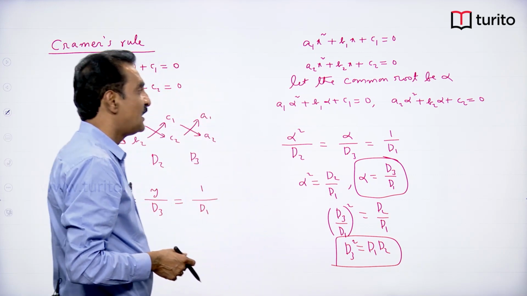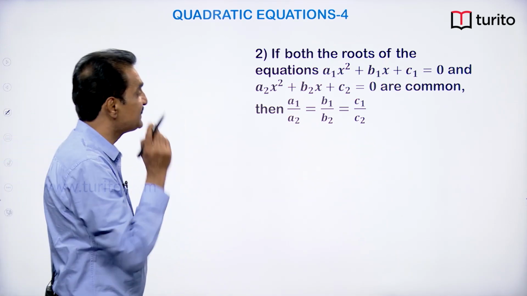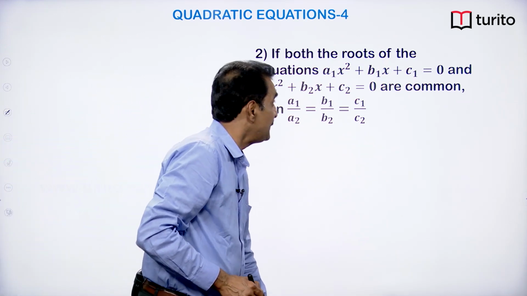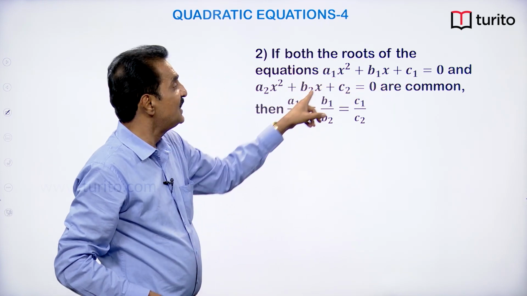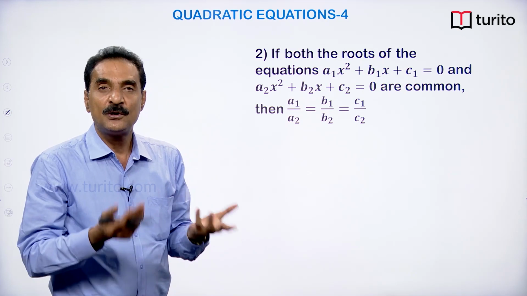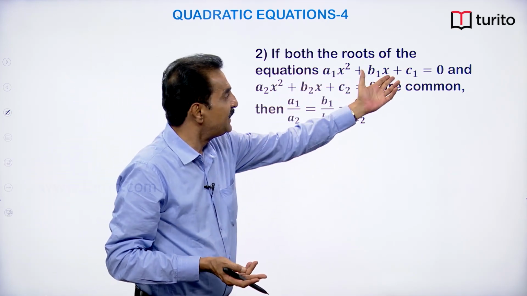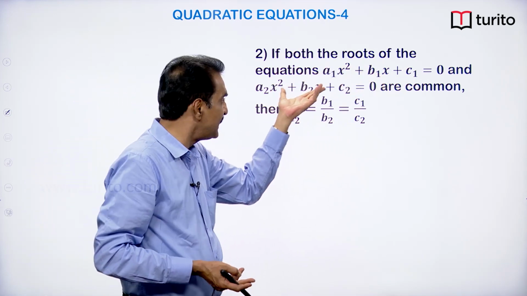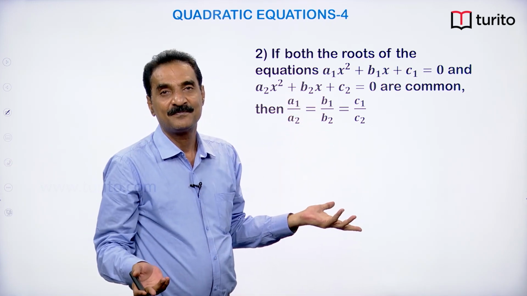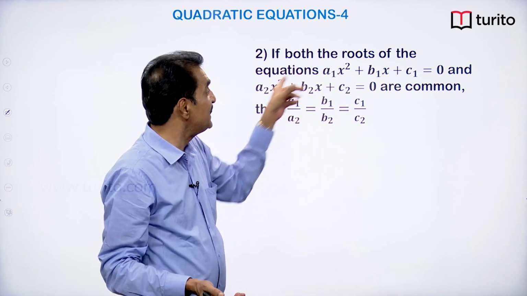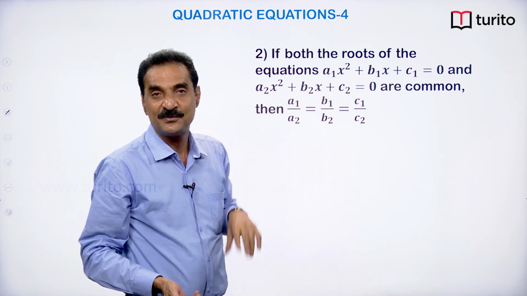Now let us take the second point. If both the roots of the equations are common, what does that mean? If alpha and beta are the roots of this equation, then alpha and beta are the roots of this equation. That means the equations are same. But it does not mean that a1 is equal to a2, b1 is equal to b2, c1 is equal to c2.